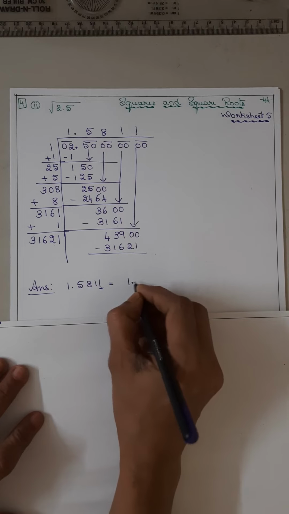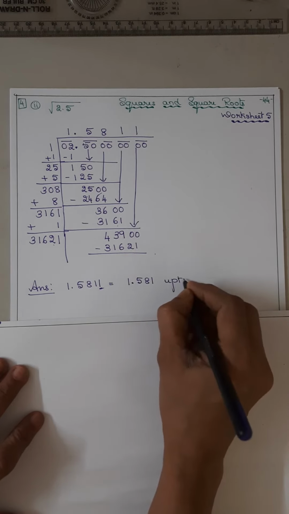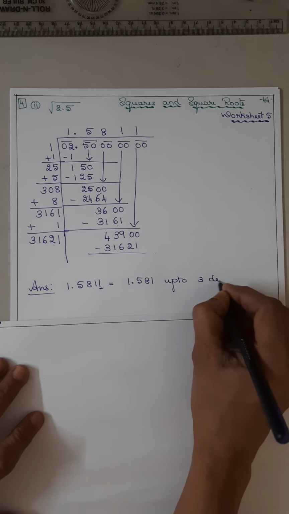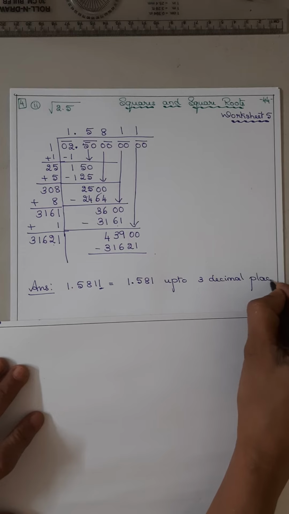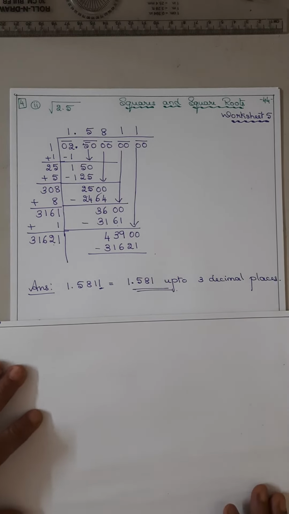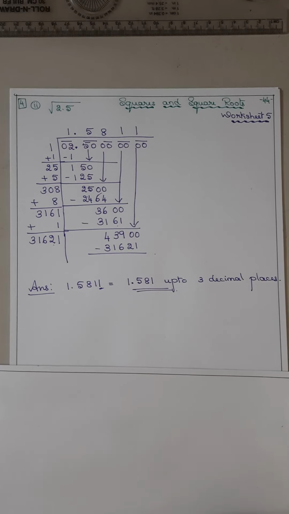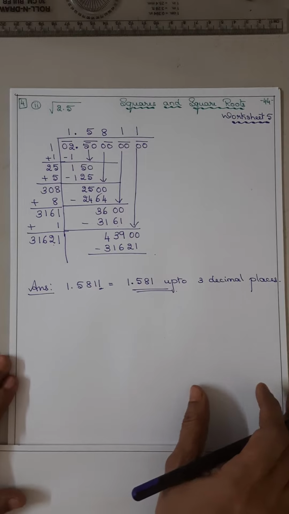So 1.581 up to 3 decimal places. If it is 5 and above, then only you have to increase, isn't it? Hope you understood this, the square root of 2.5.